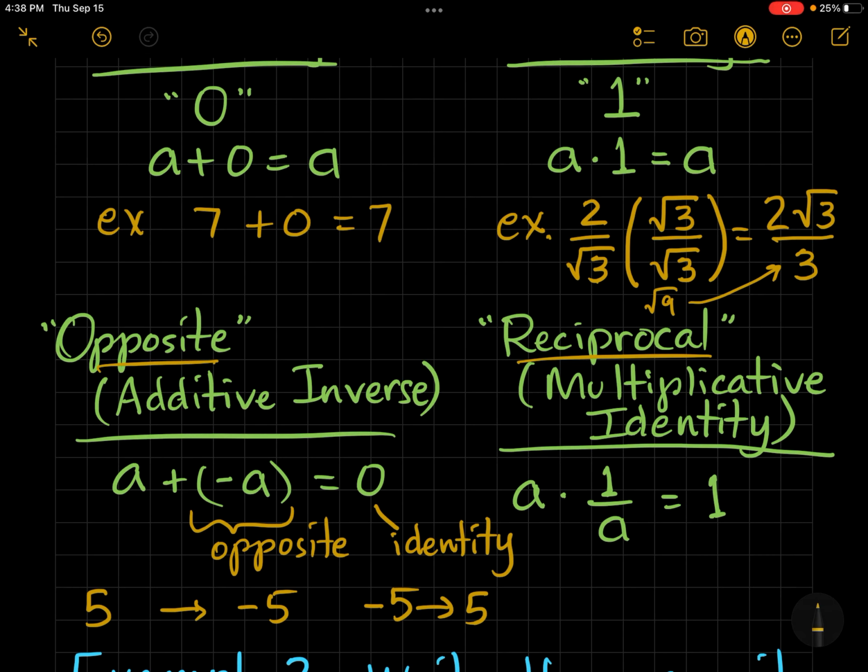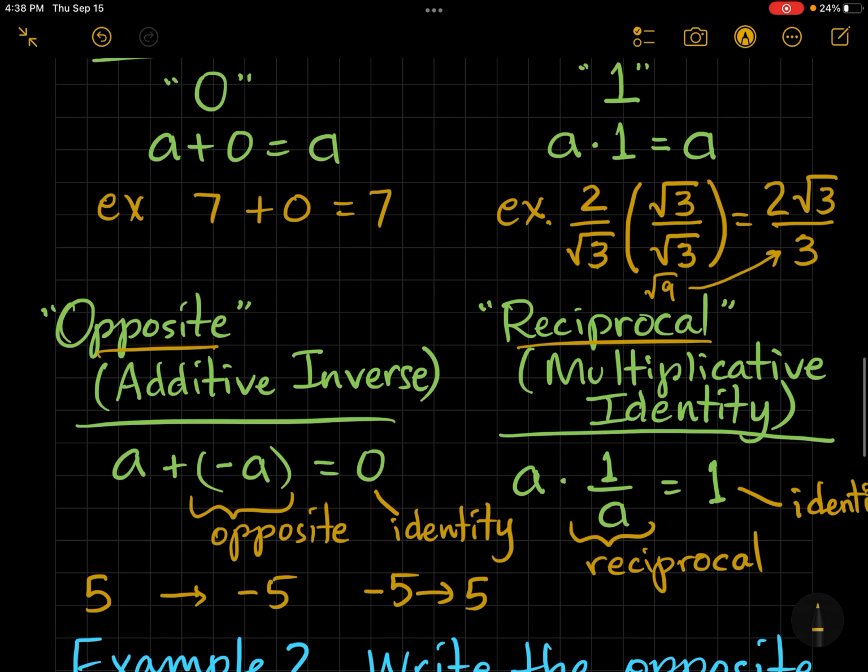Now the reciprocal is this right here. The easy way to think about it is flipping the fraction upside down. And this is the multiplicative identity. Again, you don't have to write all that down. You just need to know how to find the opposite, how to find the reciprocal. So if I ask you the reciprocal of 2, well, that's just 1/2.